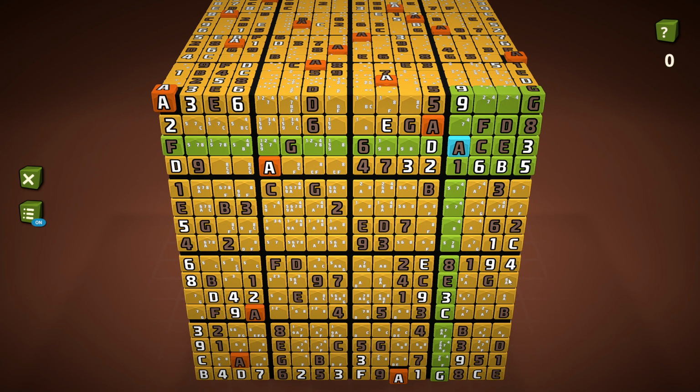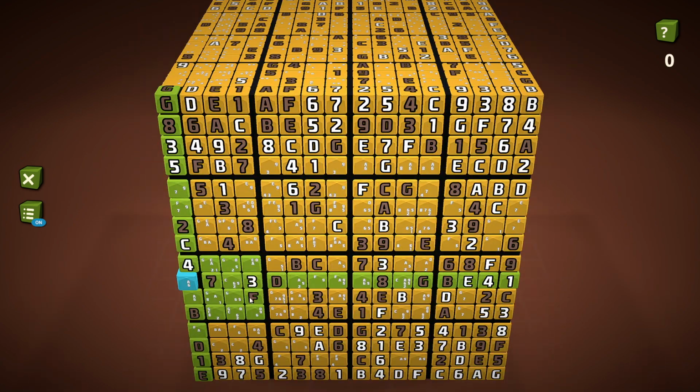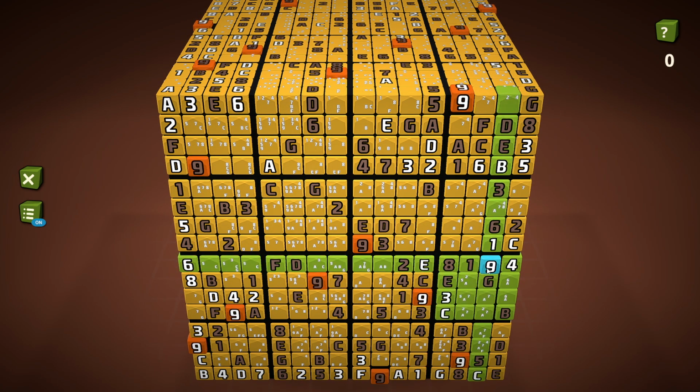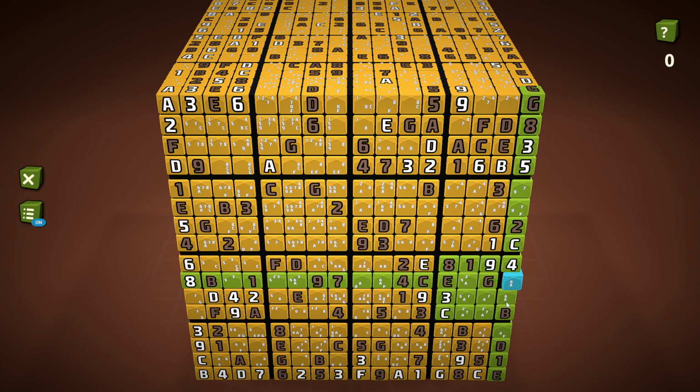Okay, right. So 6 and A, and let's see, F, 7, and 9. So why can these not be F, 7, and 9? Well, they can't be F, and they can't be 7. And they can't be 9. So one of these is a 6, one of them is an A, which means this one is the F.